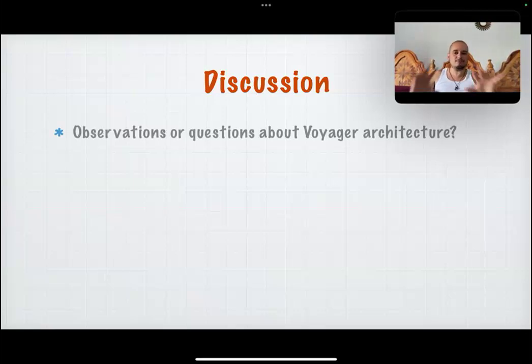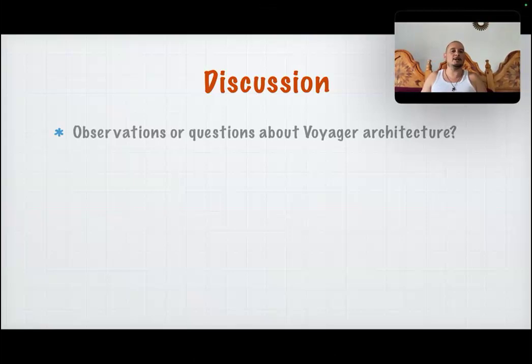So first, any general observation or even questions that you have about the Voyager architecture. Was it clear how these three core components, the auto curriculum, the skill library, and the software development agent, coordinate for this open-ended learning? Is it clear? Do you have any observations?